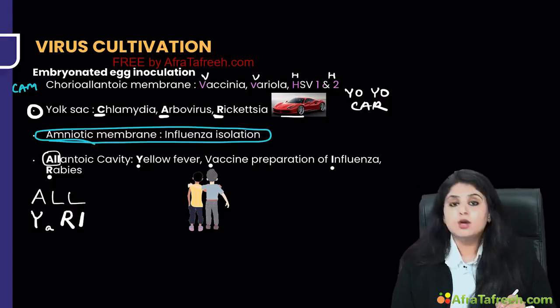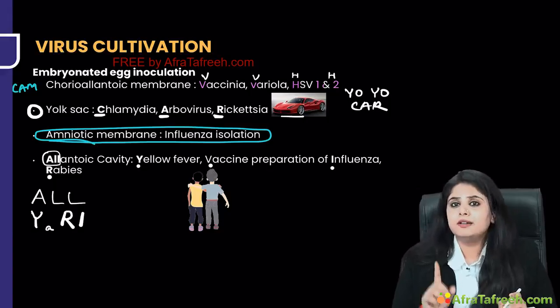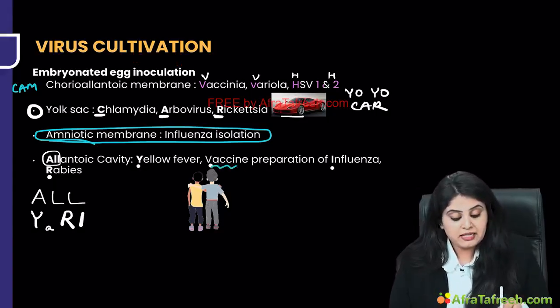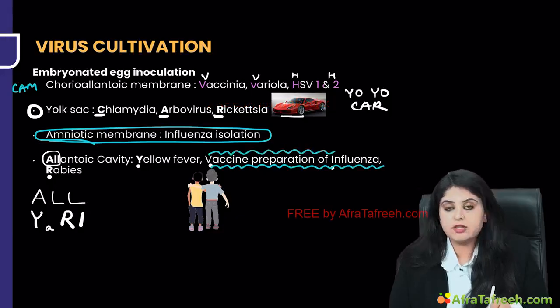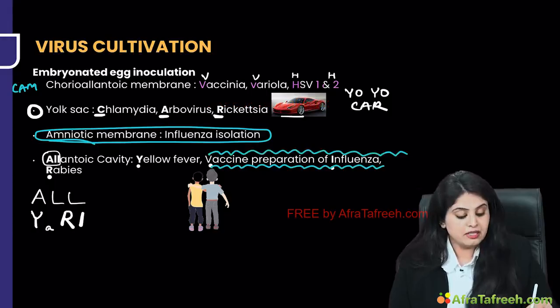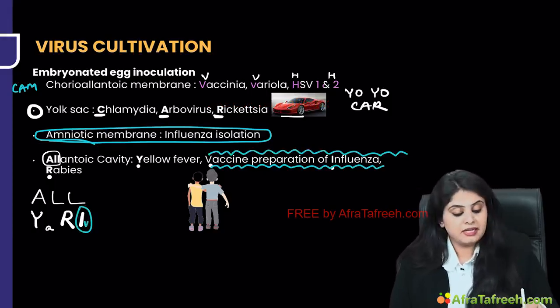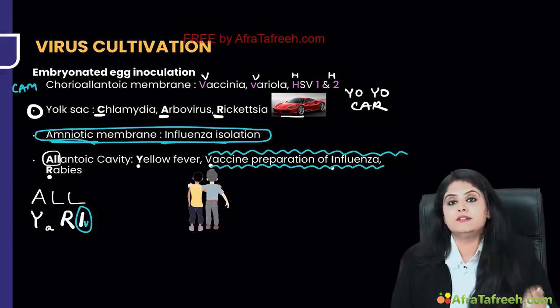That is why I say boys are very protective about their yari. You can't say anything about a boy gang to anyone, isn't it? So that gives you a hint that you are making the protection, the vaccine, for influenza over here. But in the amniotic cavity you are growing the influenza virus.